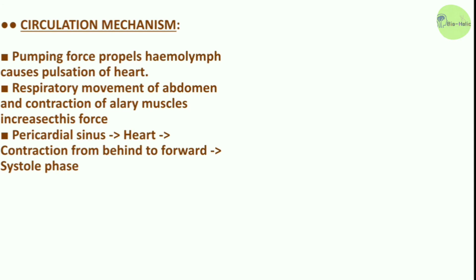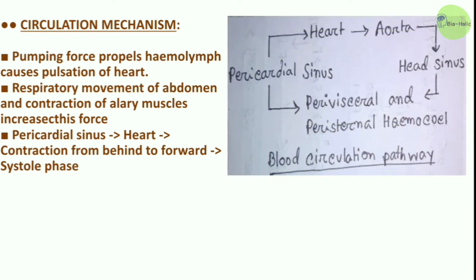Now the circulation mechanism. The pumping force of the heart propels the hemolymph and causes pulsation of the heart. Respiratory movement of the abdomen area of cockroaches causes contraction of the alary muscles that increases the force of the contraction of the heart.